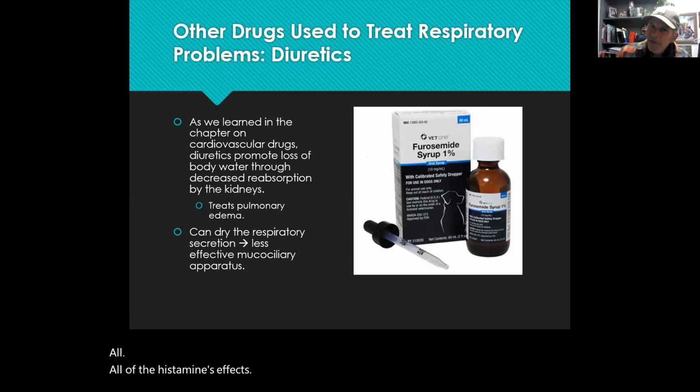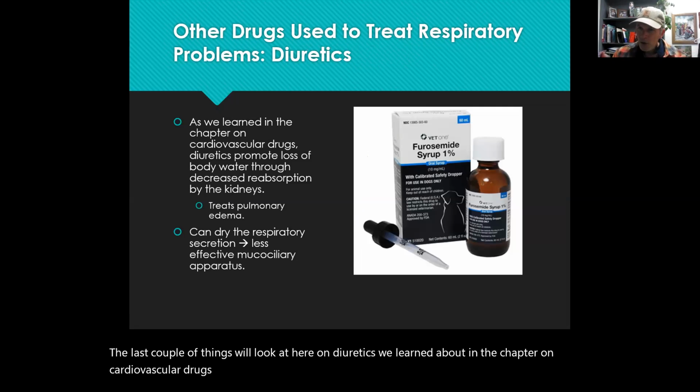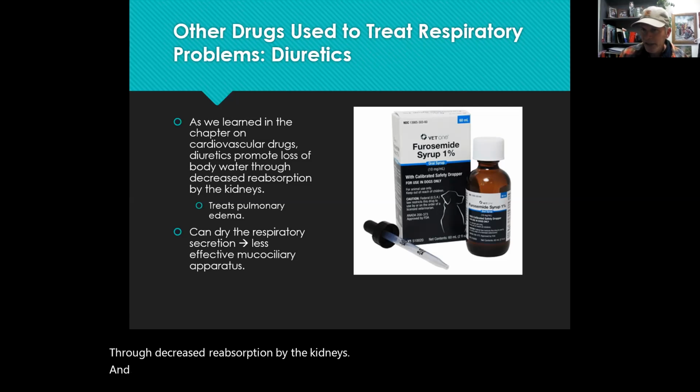The last couple of things we'll look at here: diuretics, which we learned about in the chapter on cardiovascular drugs. Diuretics make you urinate. They promote the loss of body water through decreased reabsorption by the kidneys, and we use them to treat pulmonary edema.